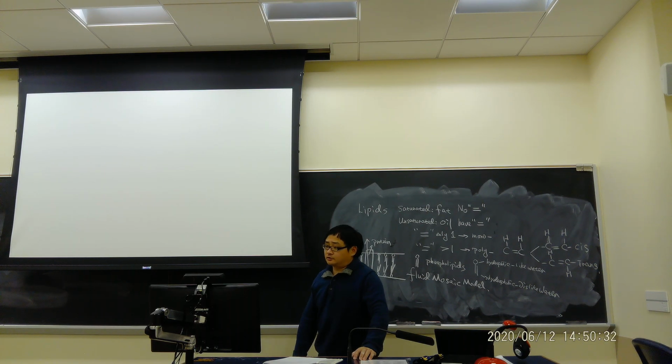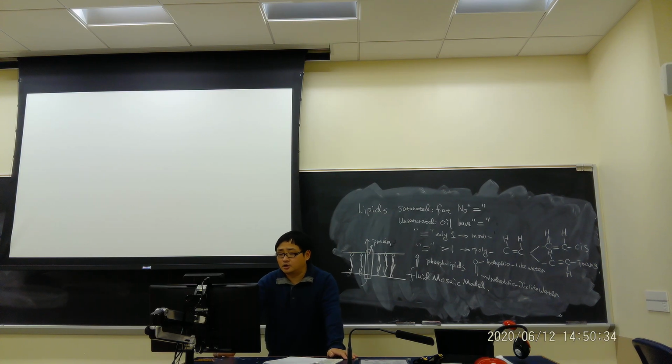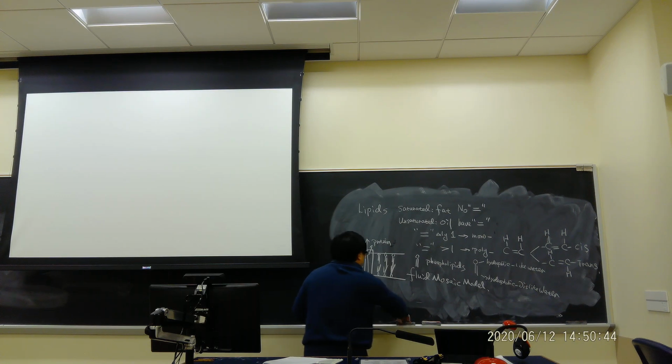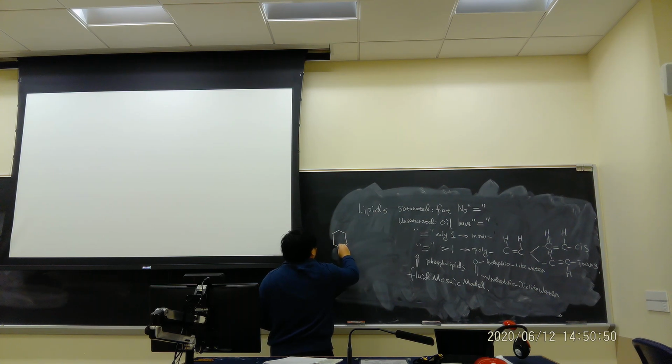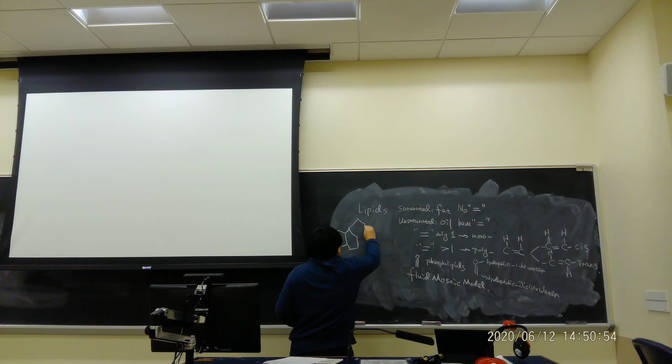Now the last one, I'm not going to draw. We will talk a little bit about steroids. They have a certain ring, a steroid ring, it's like this, you can draw. We have this ring. Okay?